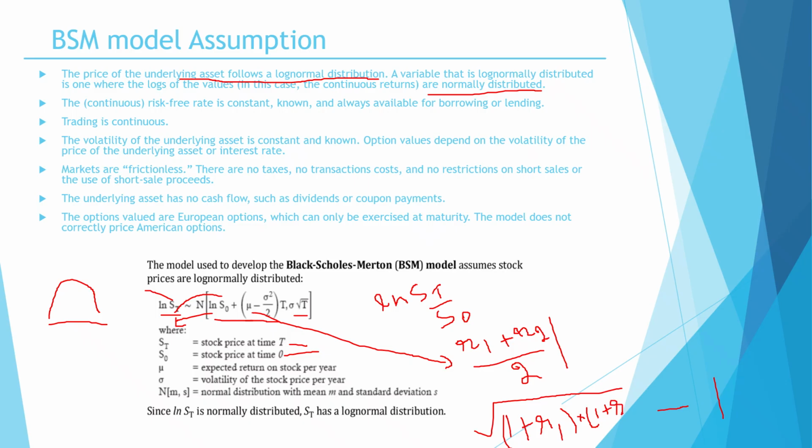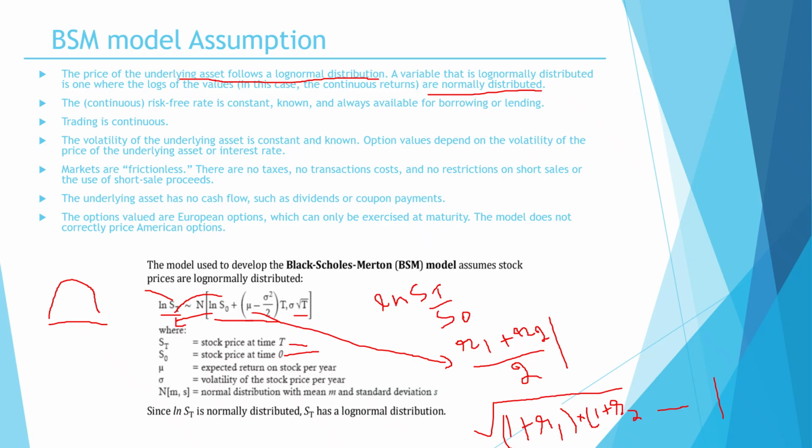When I take the geometric mean, this will adjust for the volatility or the variation in my return, and this will provide the correct metric for my average.